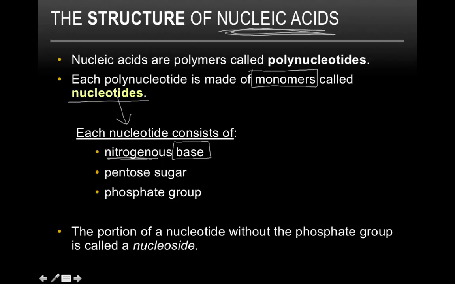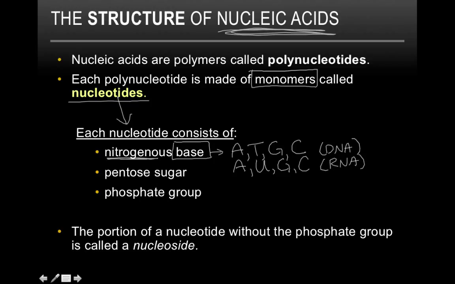Recall that that base can be A, adenine, T, thymine, G, guanine, or C, cytosine, if we're talking about DNA nucleotides. And that base is going to be A, adenine, U, uracil, or G, guanine, or C, cytosine, if we're talking about RNA nucleotides.